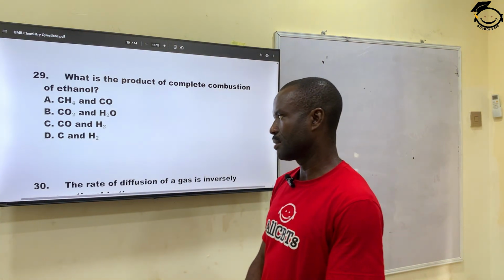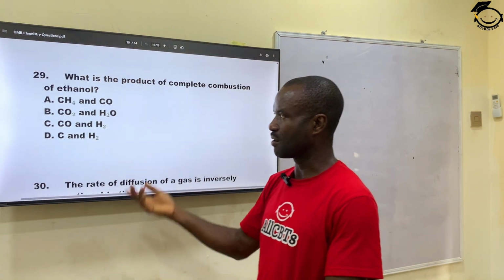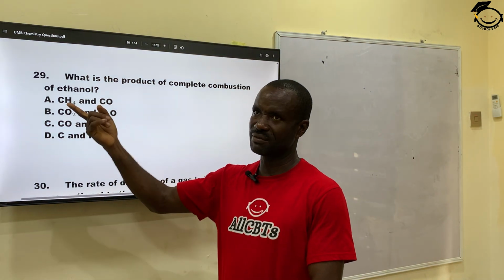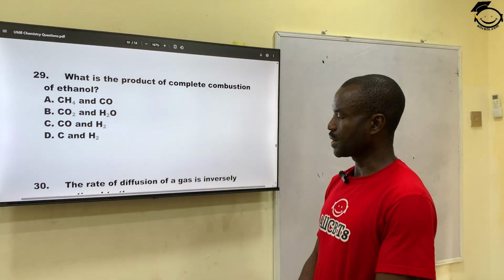D, carbon and hydrogen. You know, one characteristic of organic compounds is that when they undergo complete combustion, they give you carbon dioxide and water. So the correct answer is B. Question 30.